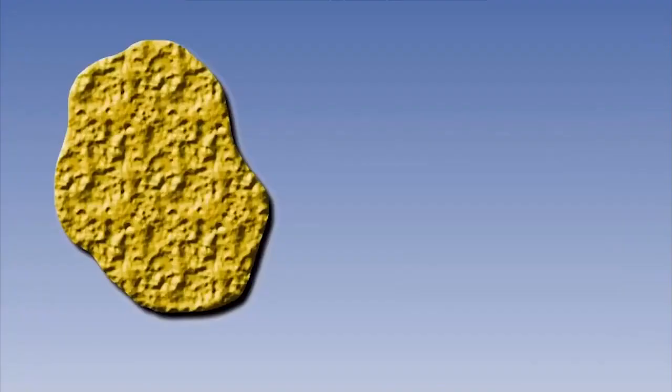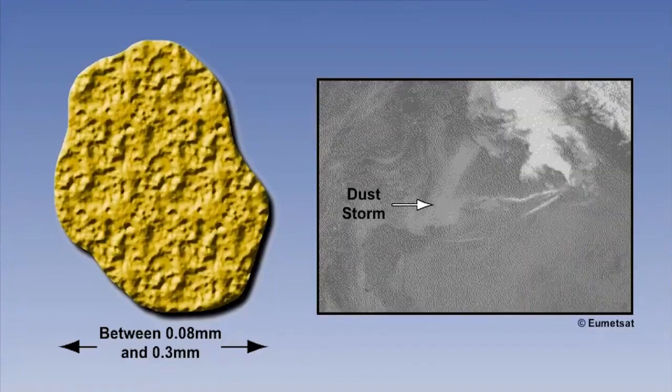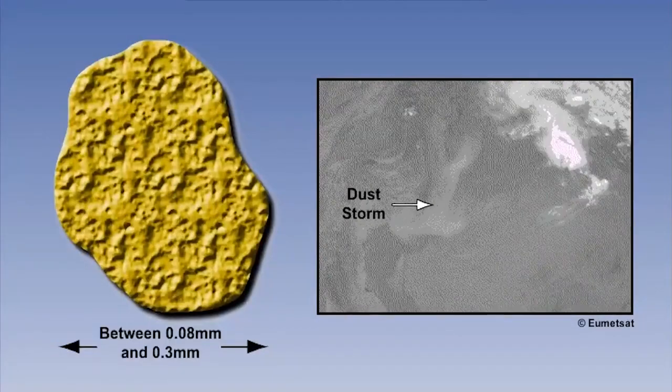Sand consists of particles with a diameter of between 0.08 and 0.3 millimeters. Having a greater weight than dust, sand tends not to be lifted to great heights within the atmosphere. Dust and sandstorms can occur with the correct surface conditions.